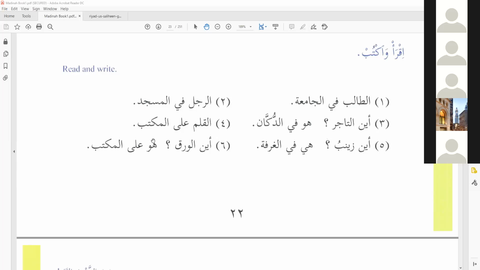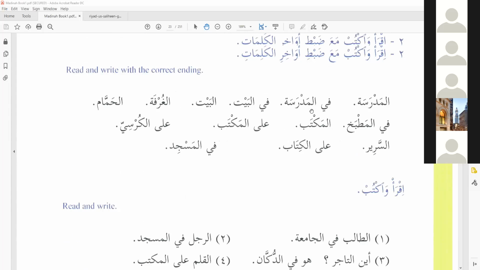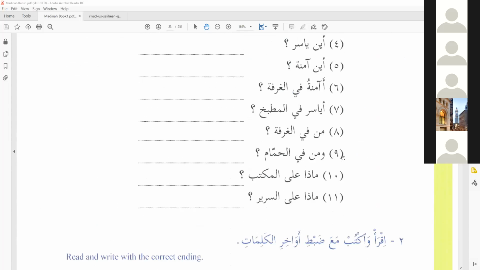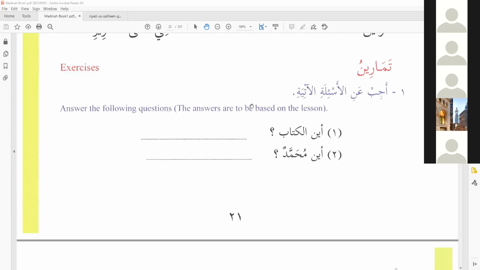So, one of the questions that we had was, we learned before that the khabar, the predicate, is nakira, is indefinite. And so if we look at the construction of many of these sentences, let's see if I can get to a positive example here.